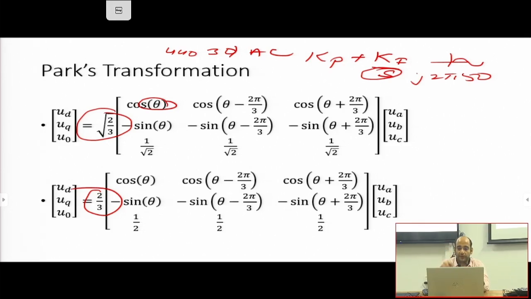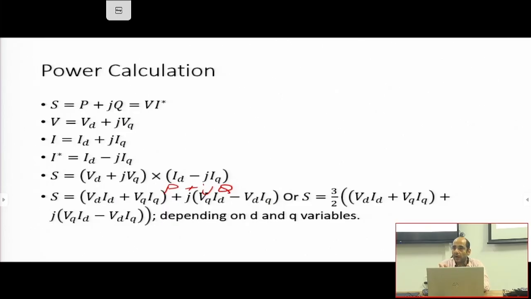So sometimes when you convert to power, those factors have to be accounted for. Therefore, sometimes you can have these multiplying factors like this, 3 by 2 times (VDID plus VQIQ). Okay. So now we know how the power is related to d-axis voltages and d-axis currents, or q-axis voltage and q-axis current.